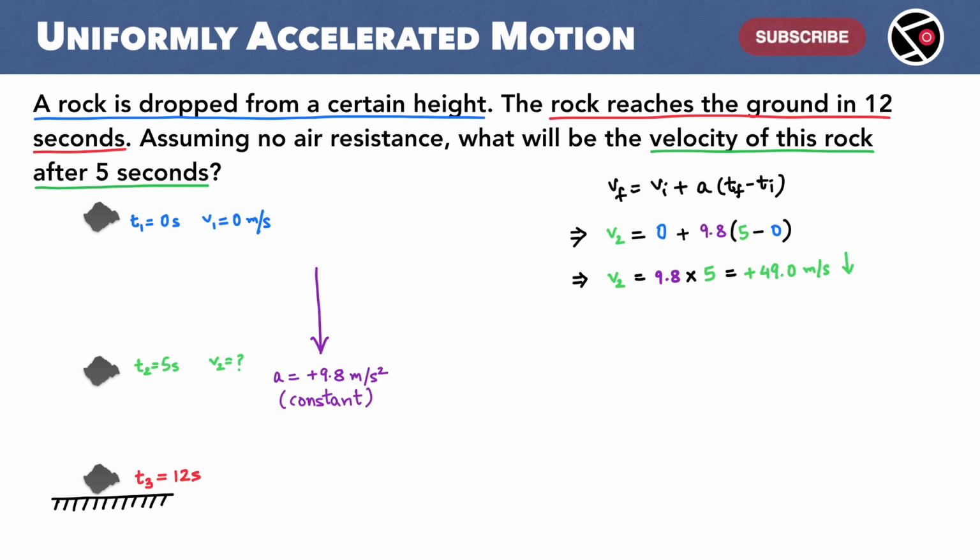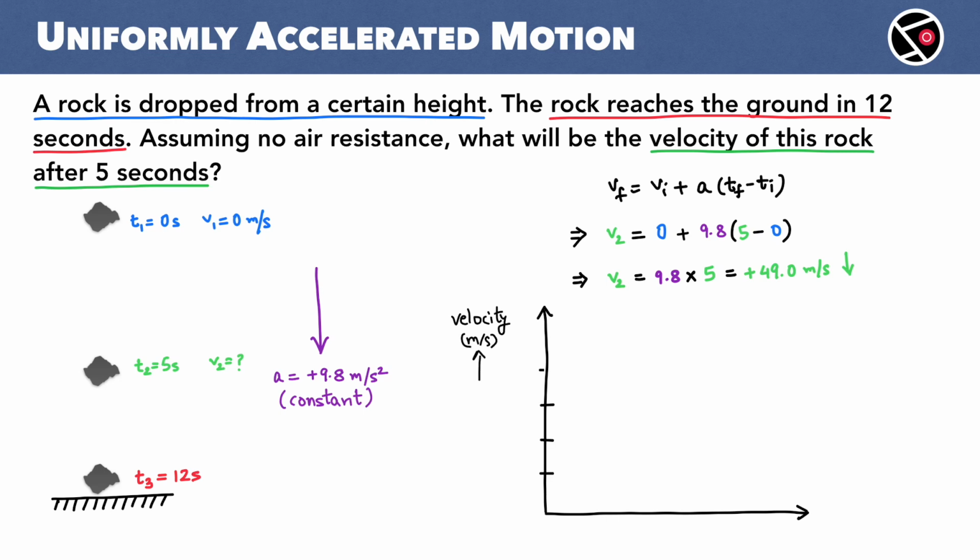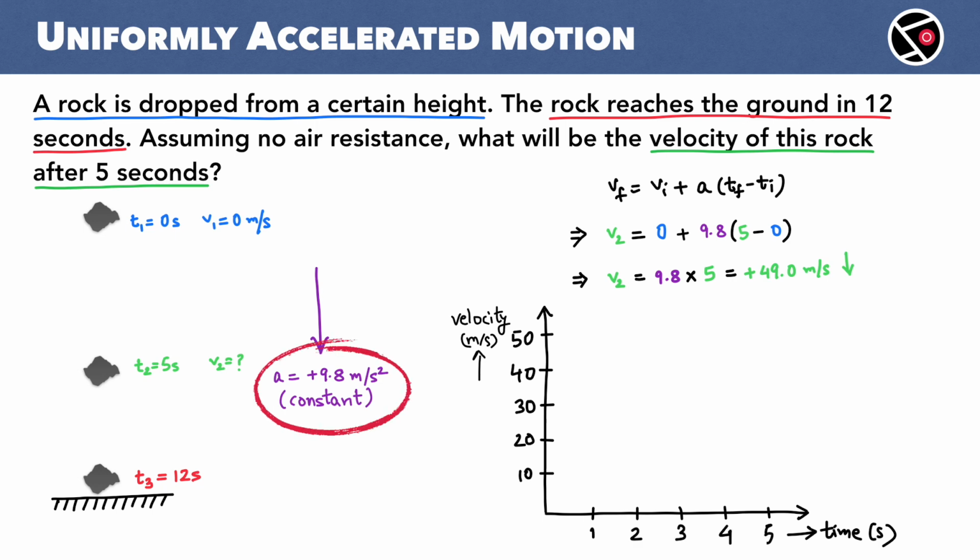Still, for better understanding, let us look at this plot. Velocity on the y-axis, and time on the x-axis. The acceleration is plus 9.8 meters per second square.